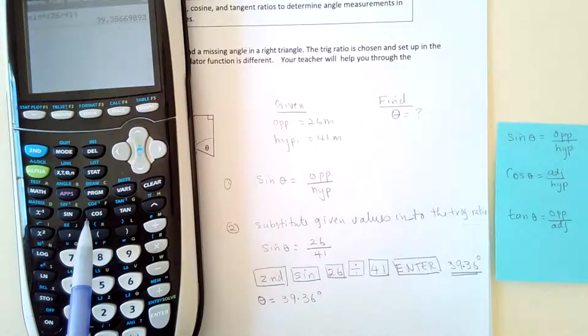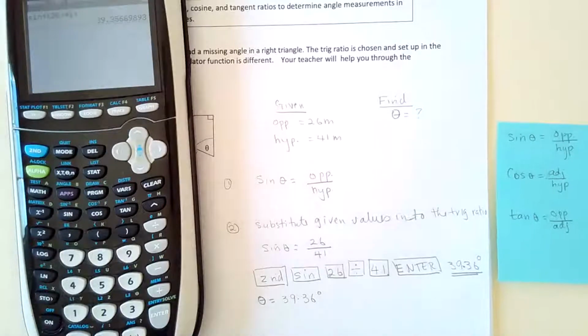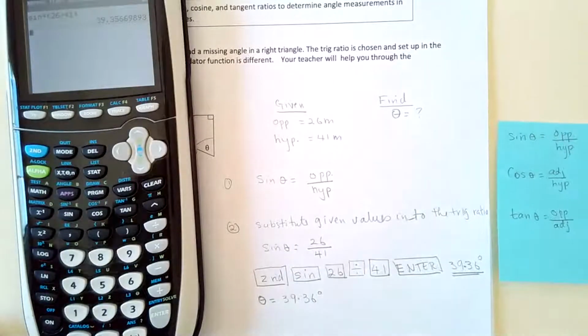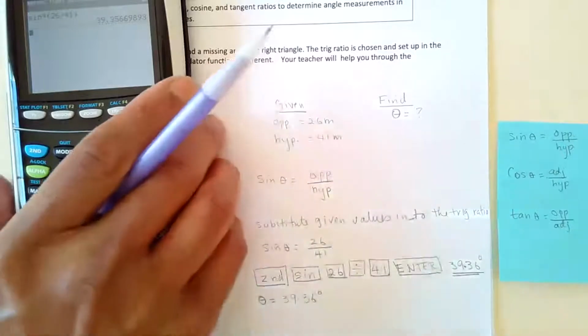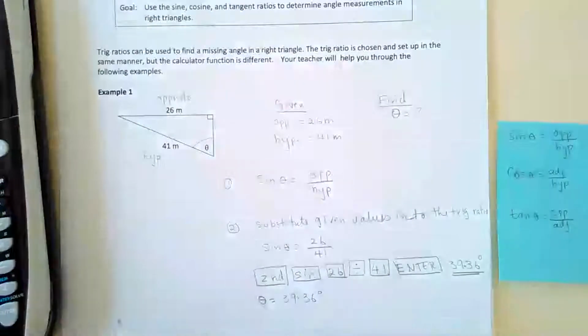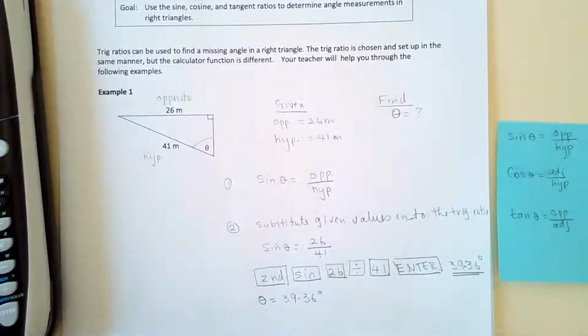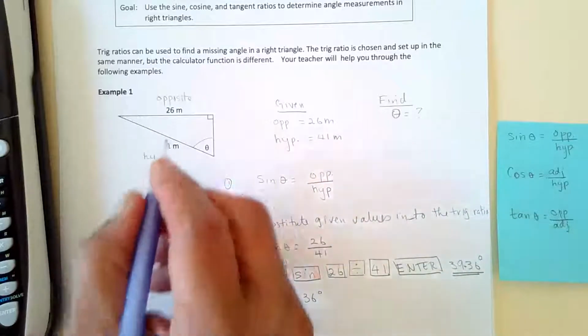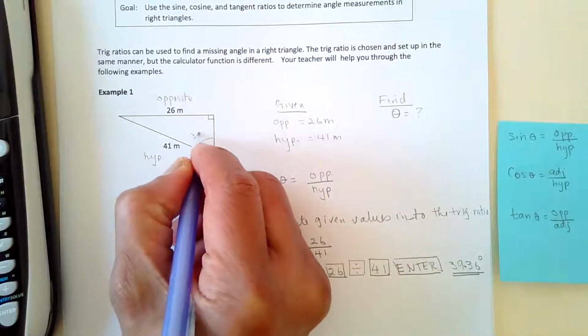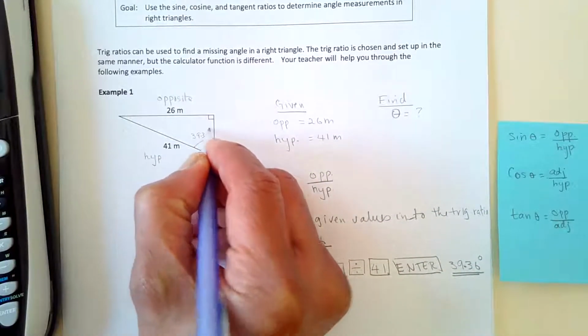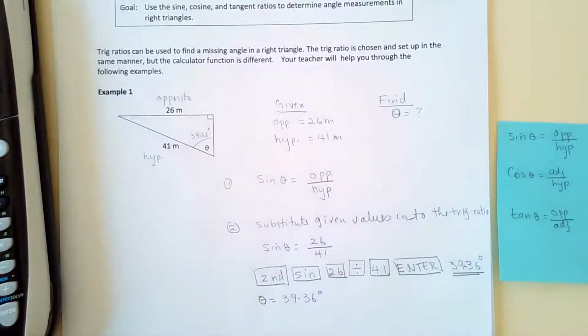I'll show you other cases where we have to use the cos button or the tangent button. It follows the same process, but you'll have to use the different trig ratio. So now I can safely indicate here that theta is 39.36 degrees, and I can highlight that with a yellow highlighter.